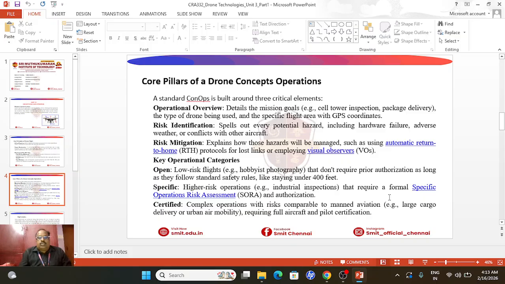Specific covers higher-risk operations, for example industrial inspection, that require a formal specific operation risk assessment, SORA, and authorization. Certified covers complex operations with risk comparable to manned aviation, for example large cargo delivery or urban air mobility, requiring full aircraft and pilot certifications.